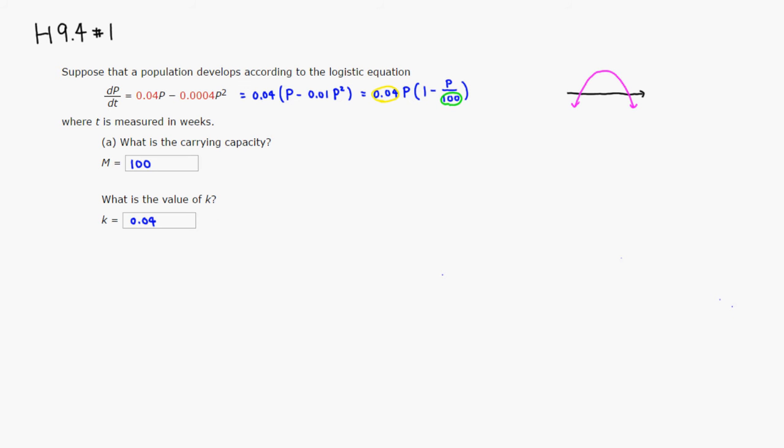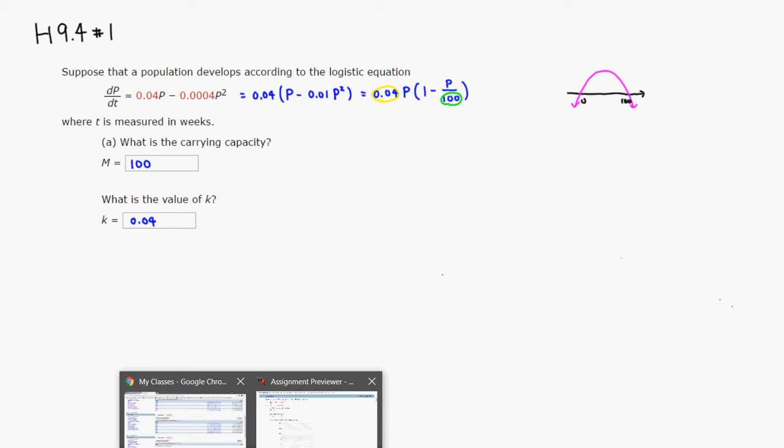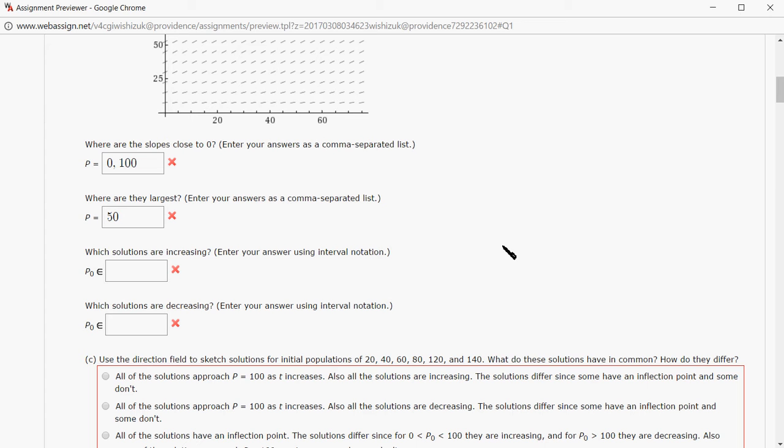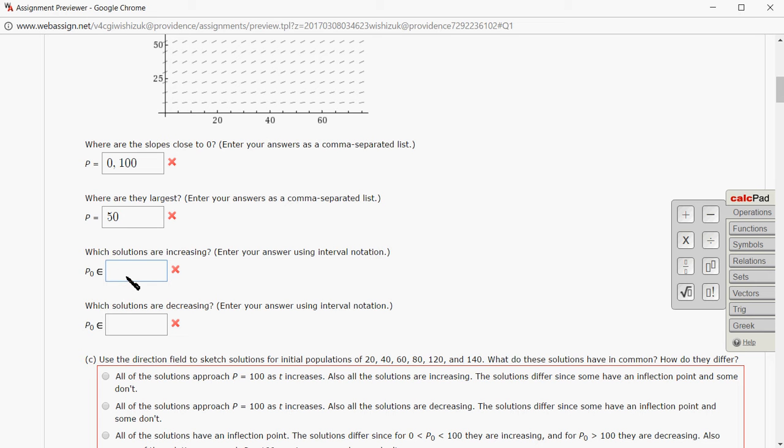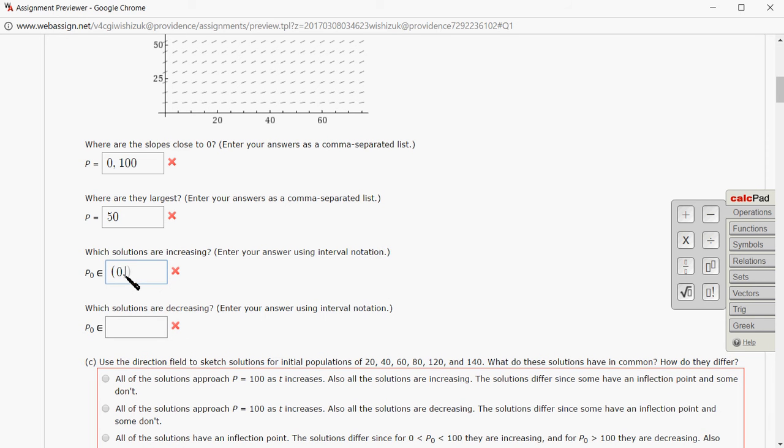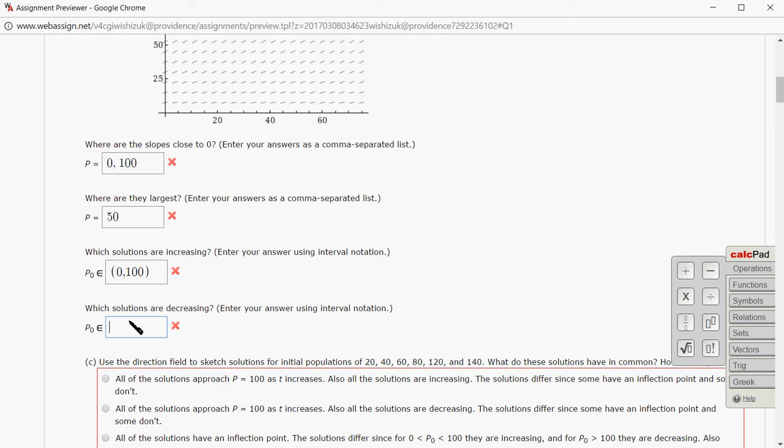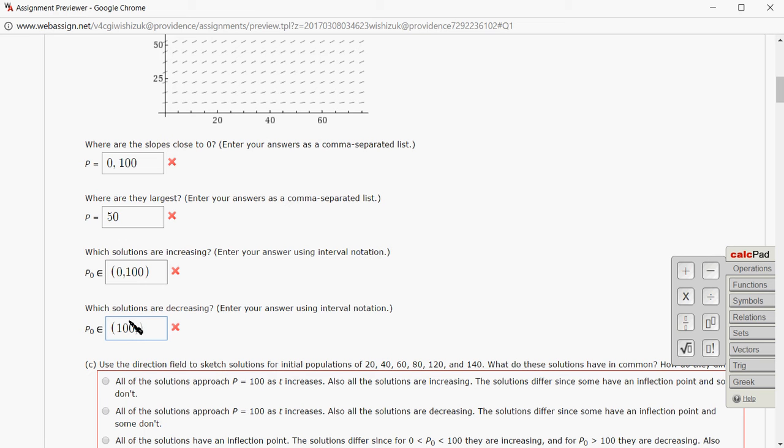Since the equilibrium solutions are at 0 and 100, between 0 and 100 the derivative is going to be positive. So you can see that it's increasing between 0 and 100. And solutions are decreasing after 100, so from 100 to infinity.